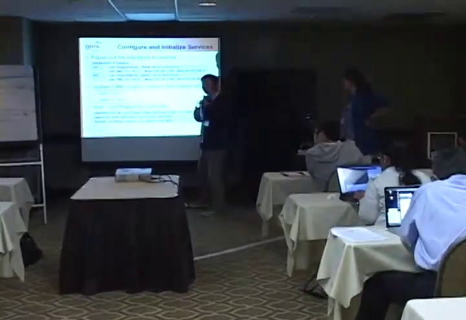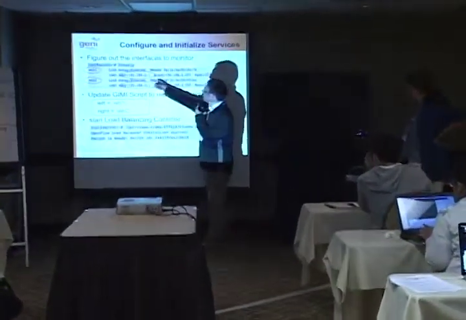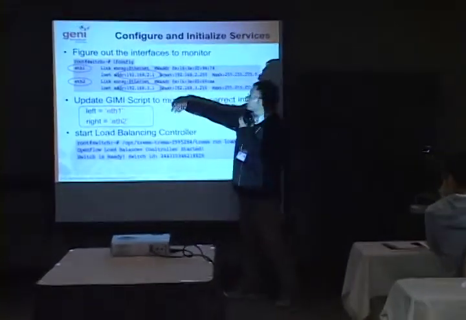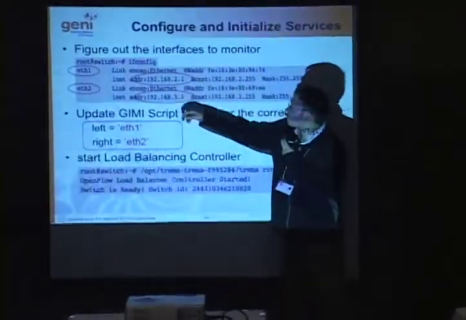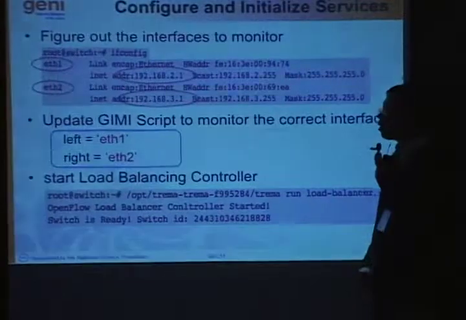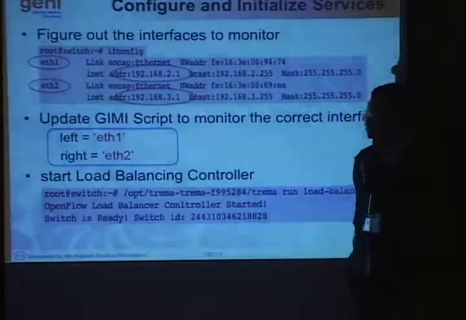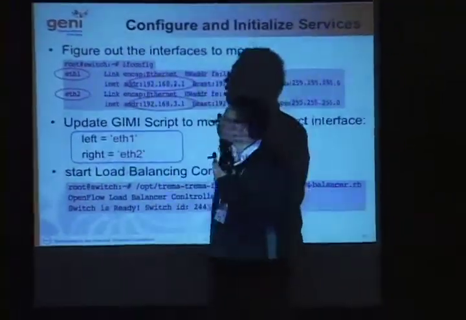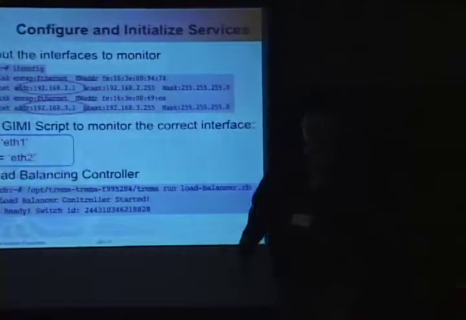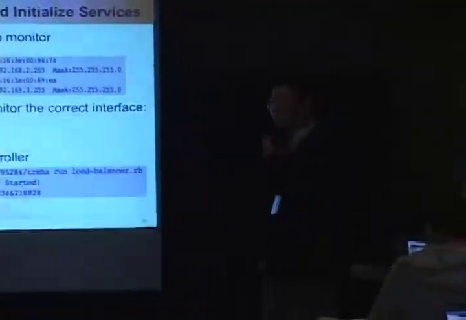In particular, you would be interested in the interfaces that have the IP addresses 192.168.2.1 and 3.1. Memorize those two, the names of the interfaces, because you are going to need those in your LabWiki script.